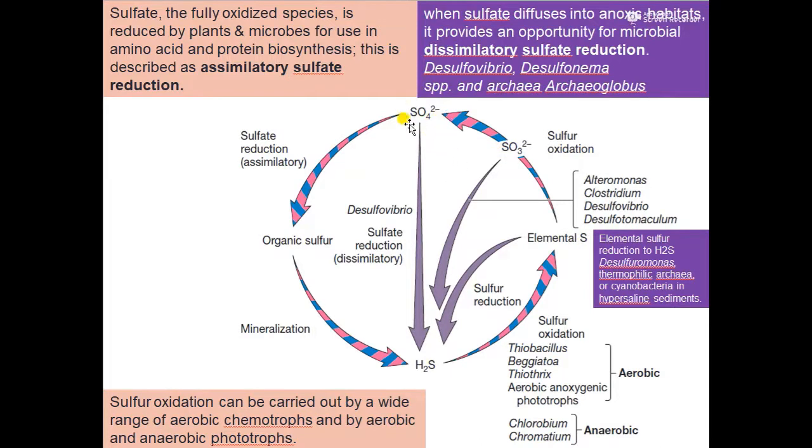Now, sulfate is the most predominant form found in the soil. What happens to it? Sulfate can be reduced into H2S, and the most important microorganism responsible for this is Desulfovibrio.